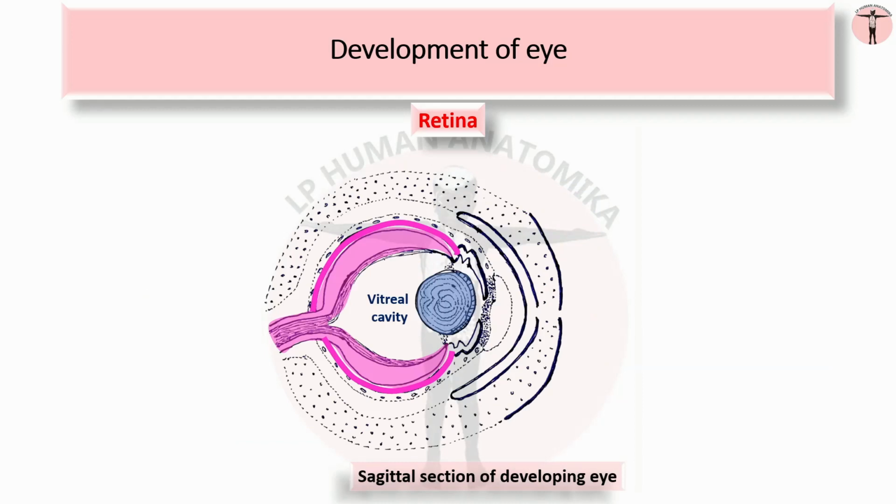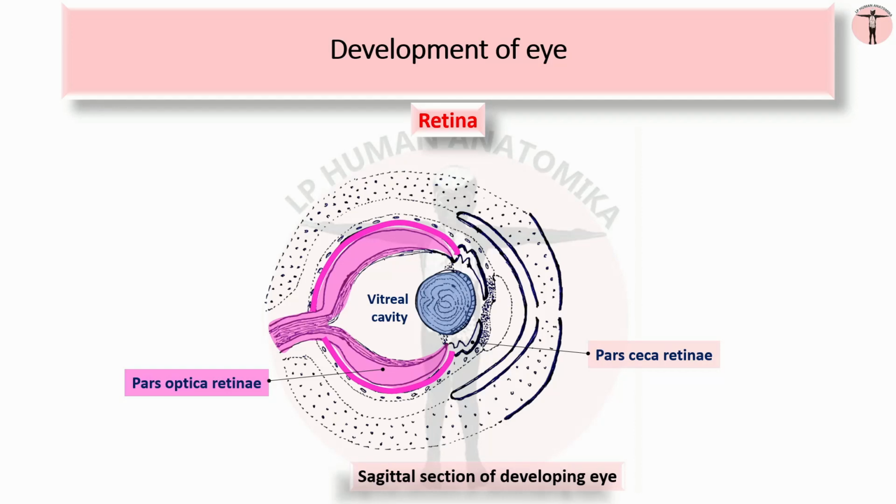The inner layer of the optic cup is divided into the posterior 4/5 called the pars optica retinae, developing into neural retina, and the anterior 1/5 called the pars ceca retinae, developing into the ciliary body and iris.